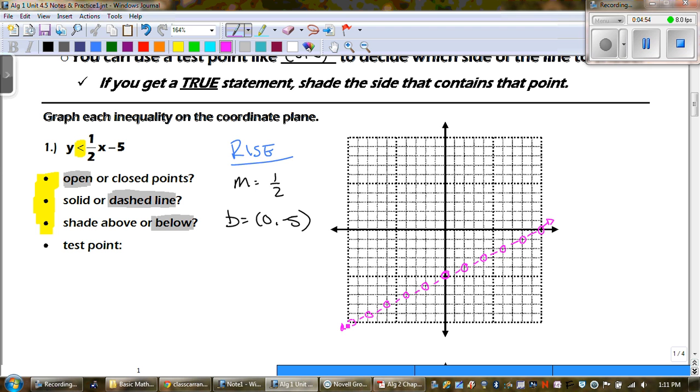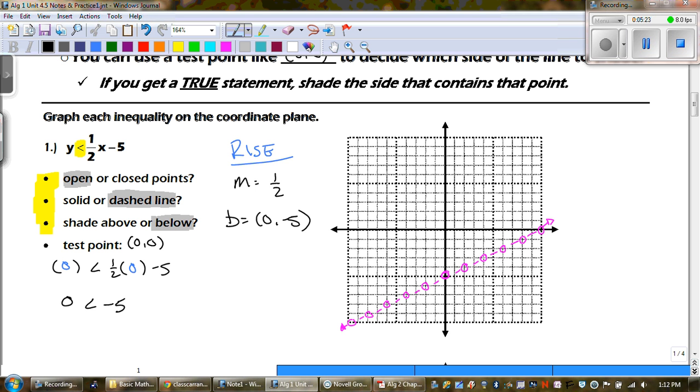So now we need to decide where we're going to shade, okay? And that's what this test point is, (0, 0), okay? I'm plugging in (0, 0), and now 1/2 times 0 is 0. So we're left with 0 is less than -5.